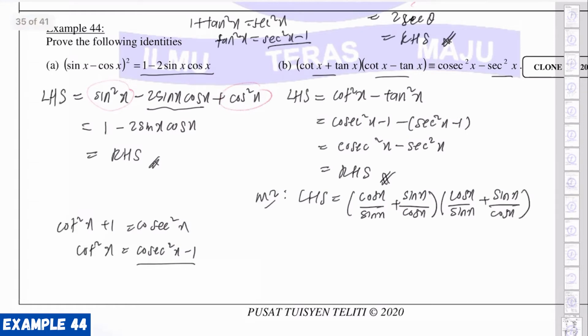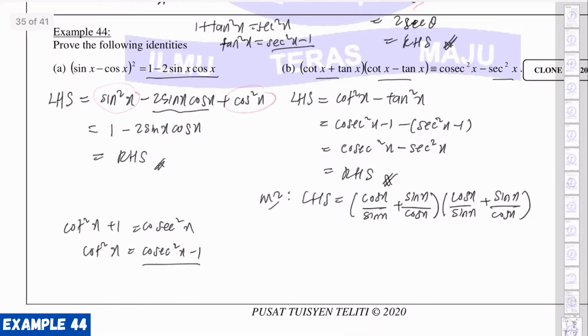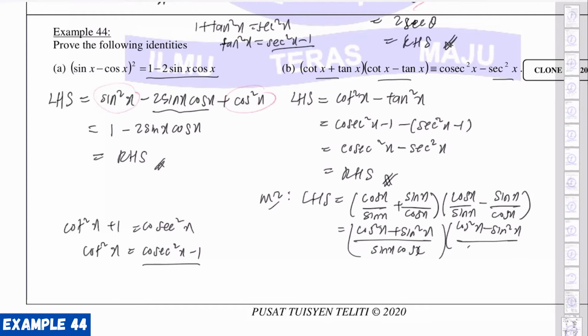But this second one is going to be a minus. So, okay, we can put them together. This is cos square x plus sine square x over sine x cos x. This is going to be cos square x minus sine square x over sine x cos x.